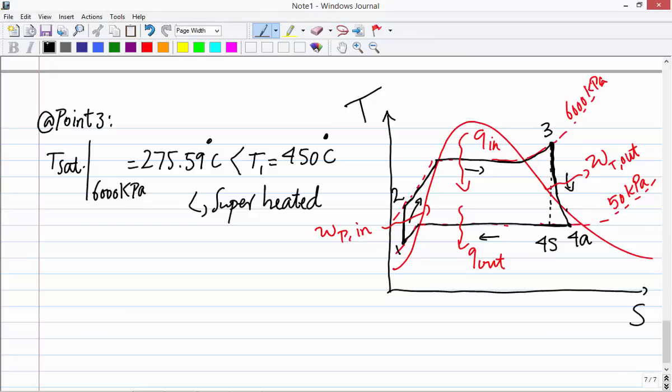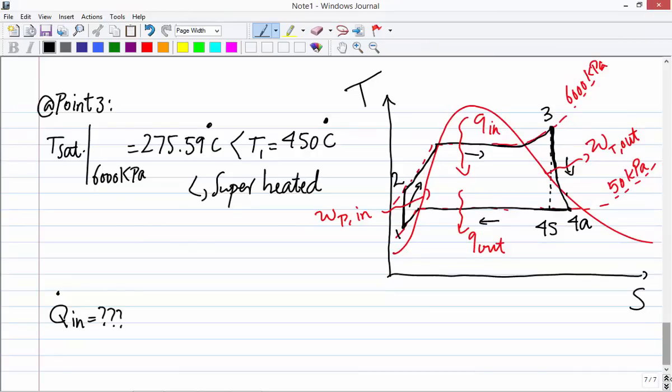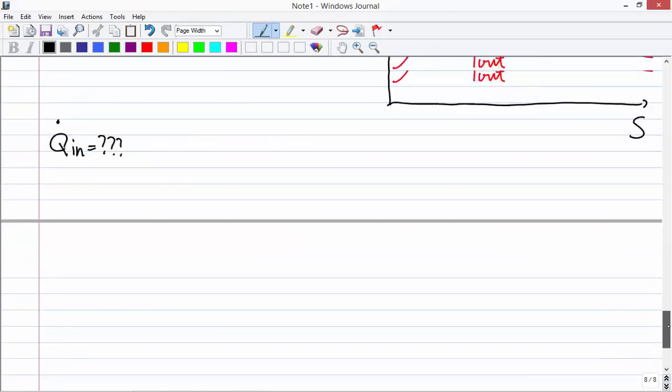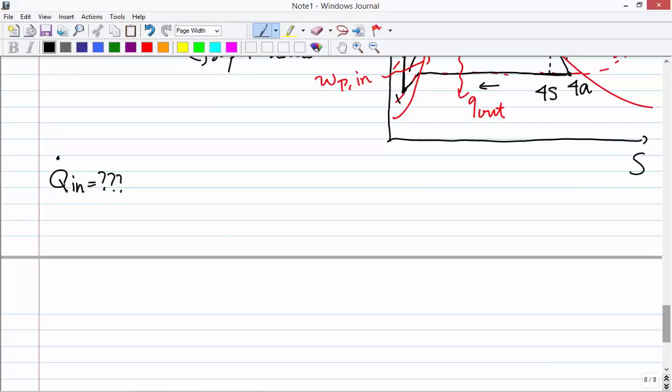So now let's solve for Q dot in. How much heat, the rate, so the unit is kilowatt basically, and it happens in process 2 to 3 in the boiler.